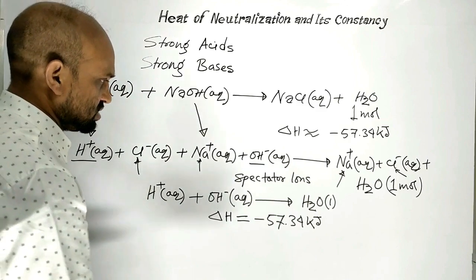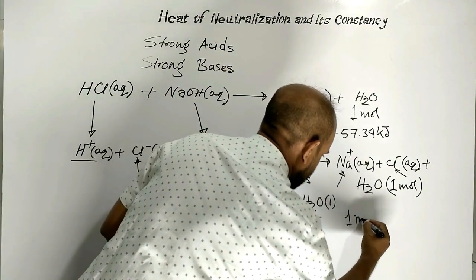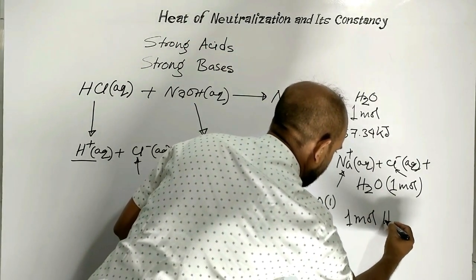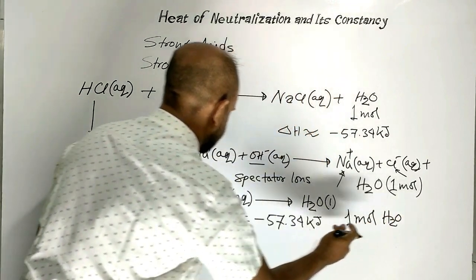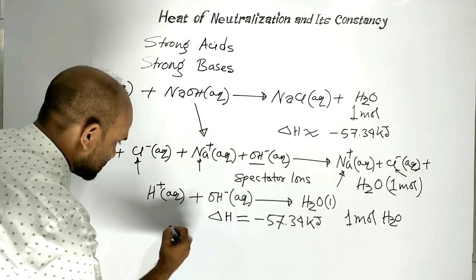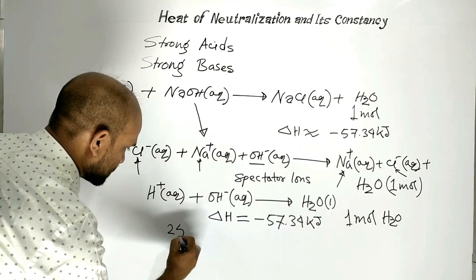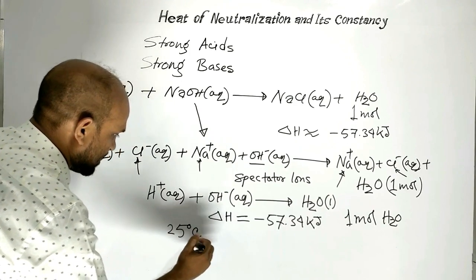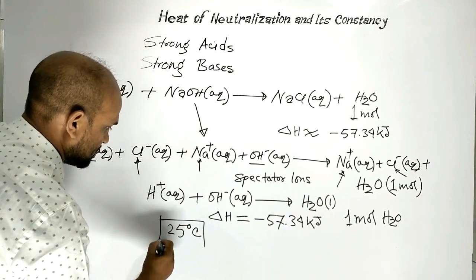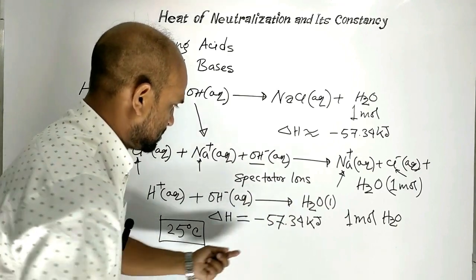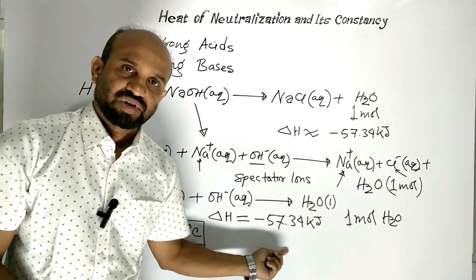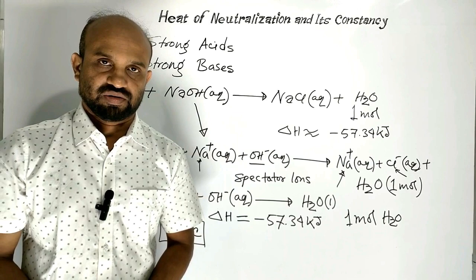In this reaction, 1 mole water is formed and the reaction is carried out at room temperature, 25 degrees Celsius. Now let us see the definition of heat of neutralization.